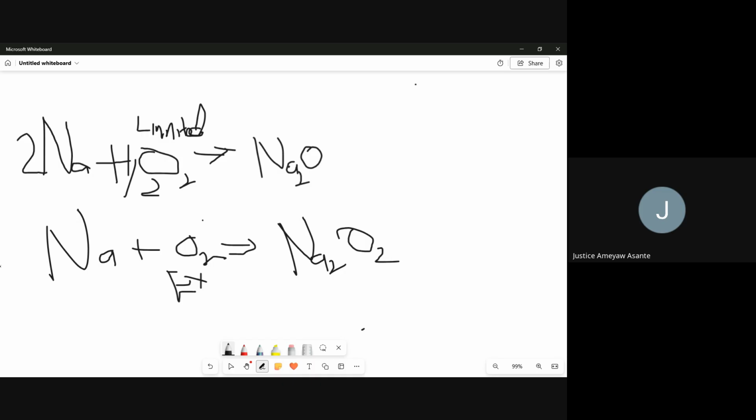So there is a chemical formula for sodium peroxide. In a limited amount, you produce sodium oxide, but in excess, you produce sodium peroxide.